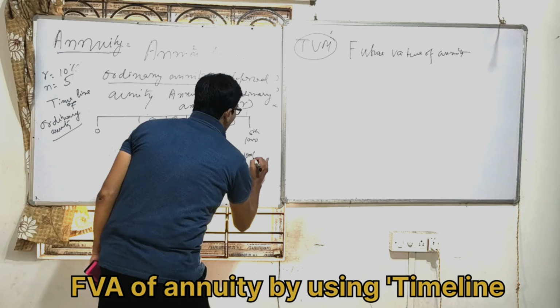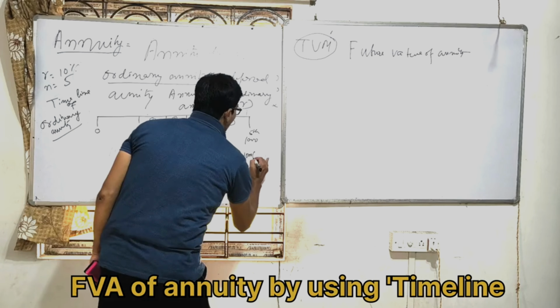So again calculating 1.1 to the power 3, 1.331, 1000 into 1.331 is equal to rupees 1331. After compounding, future value of this thousand will be this much.